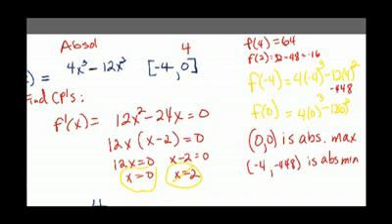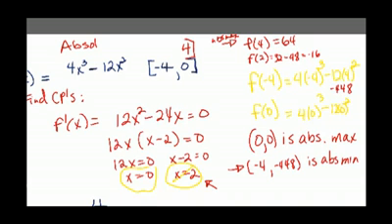So, had we changed this endpoint to a 4, then we would have included this critical point, and our absolute min would have still remained the negative 4. Our absolute max would have changed, though. This would have been your absolute max.